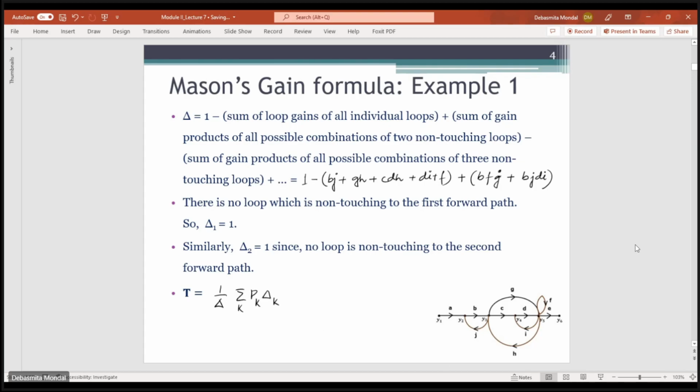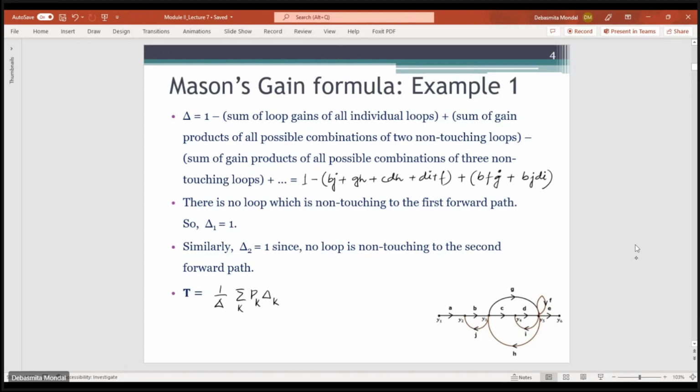If you consider the first forward path, all the loops present in this signal flow graph touch the first forward path. So there is no loop which is not touching the first forward path. In that case, the value of delta 1 will be equal to 1.